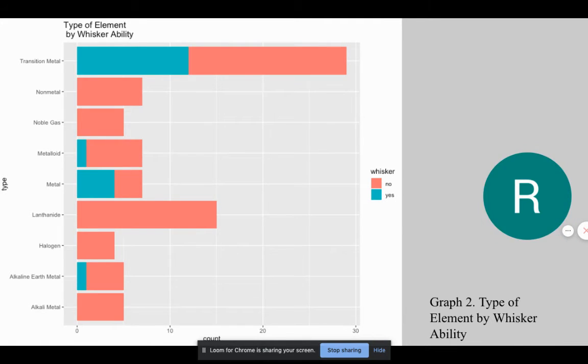So that's important, and looking at the whole grand scheme of the periodic table and what elements whisker and what elements don't whisker, this shows a pretty good picture of ways to categorize that.